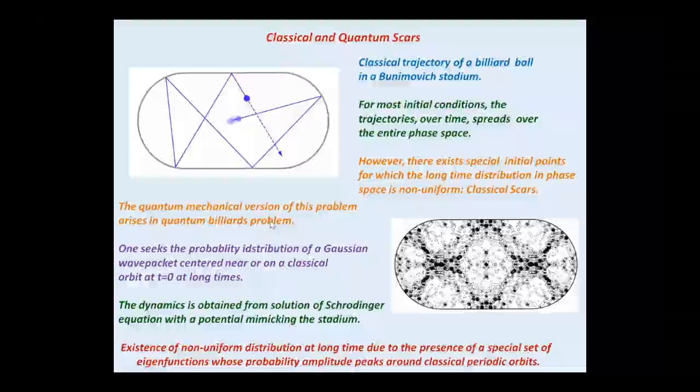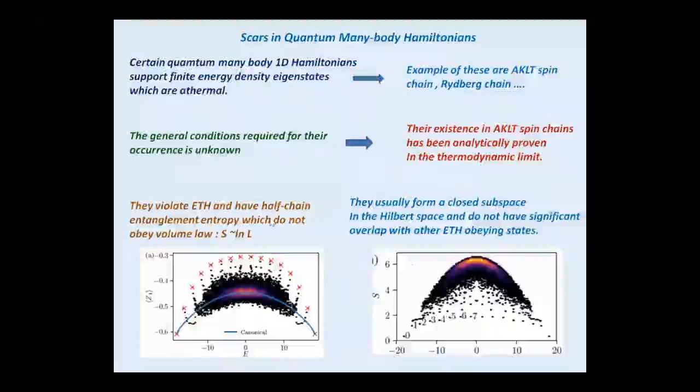So in the context of many body physics, the definition of these scar states is somewhat different. As you know, in a quantum many body Hamiltonian, if you look at the Hilbert space, the low-lying states have zero energy density. That is, it has an energy which, if you define by the volume, in the large volume limit goes to zero.